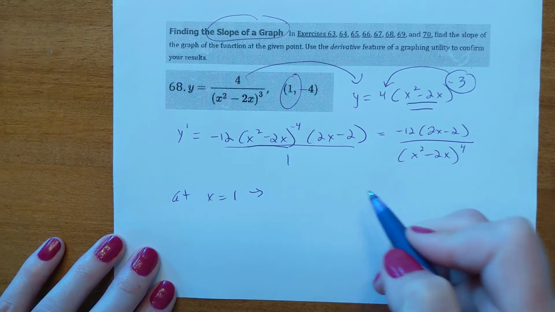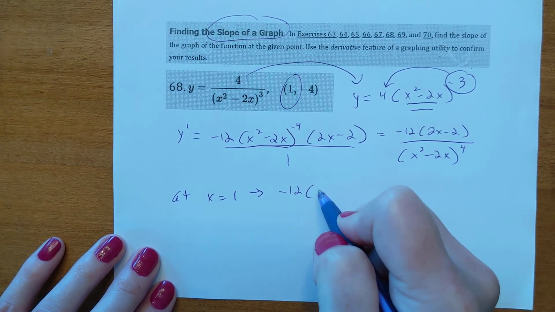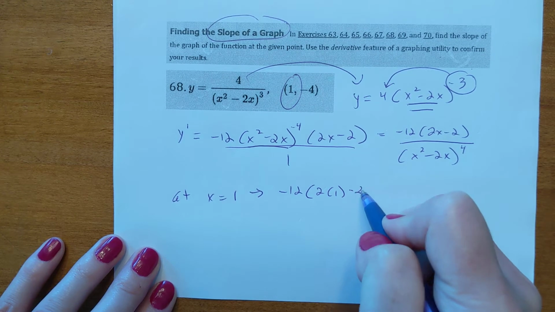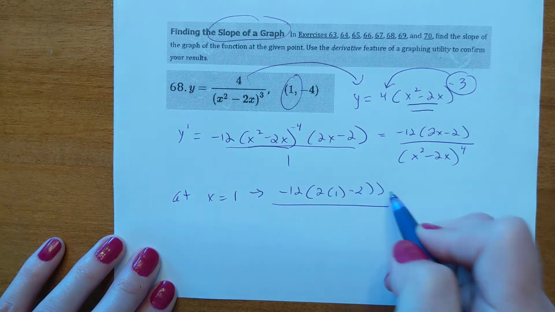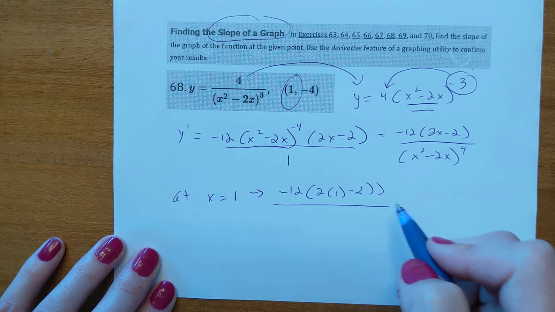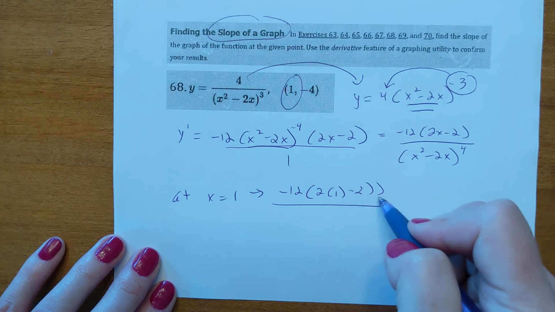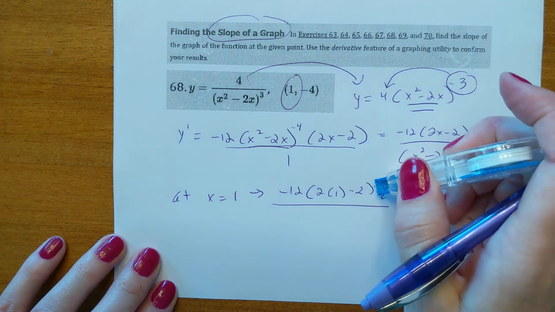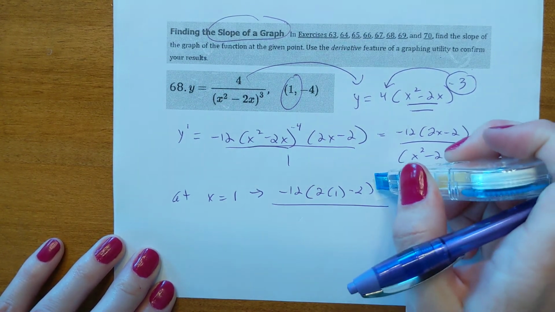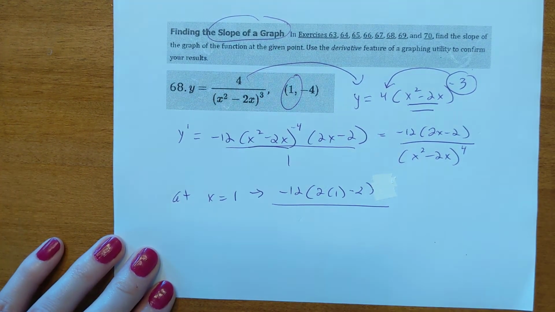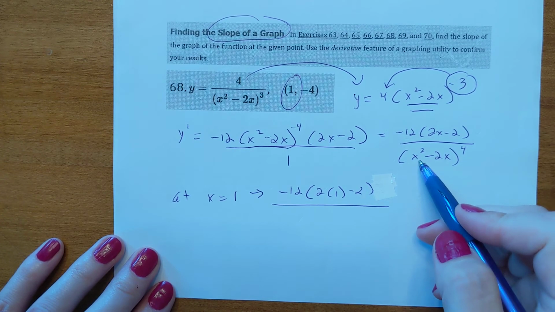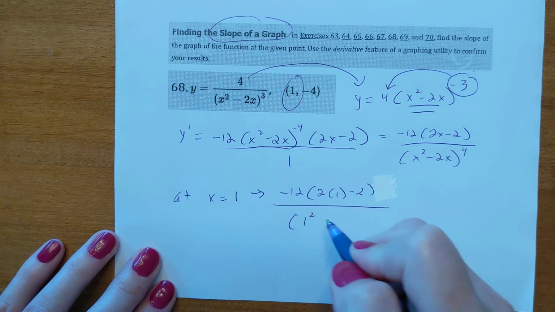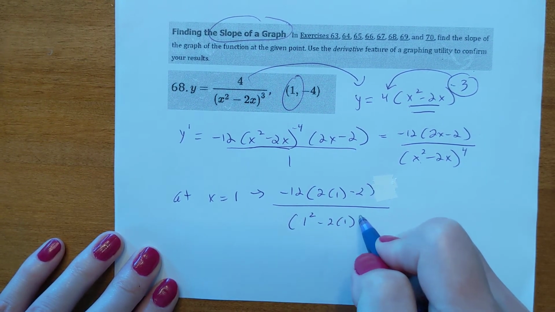We have then negative 12 times 2 times 1 minus 2. And then all that's over, did I use too many parentheses? Yeah, I did. It'll haunt you. I'll get rid of it for you, for my OCD friends out there. There you go. All right, and then put the 1 in on the bottom. So that makes 1 squared minus 2 times 1 to the 4th.